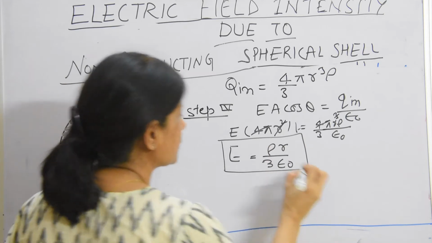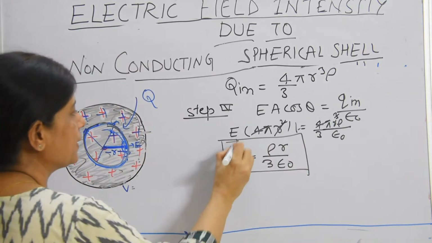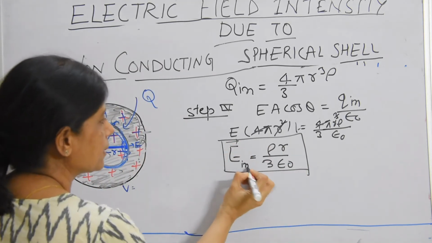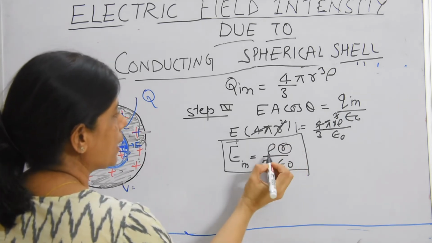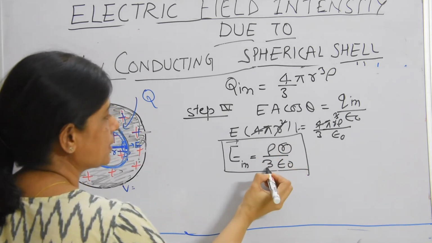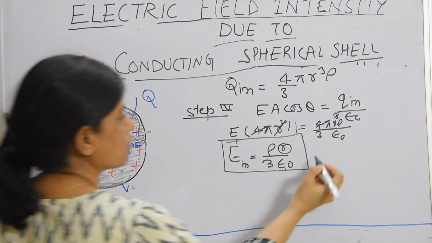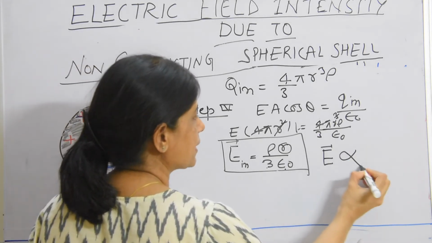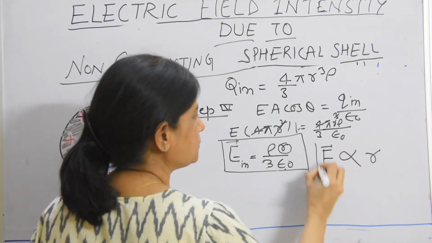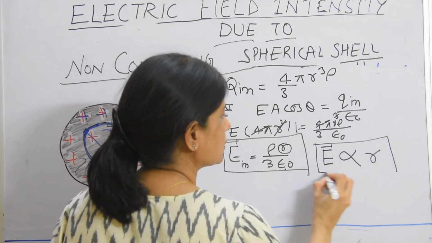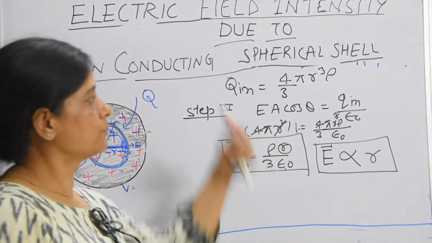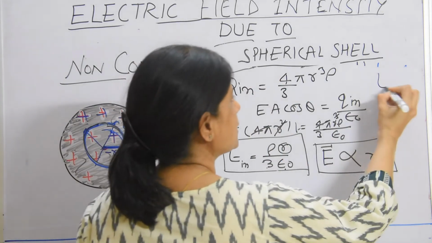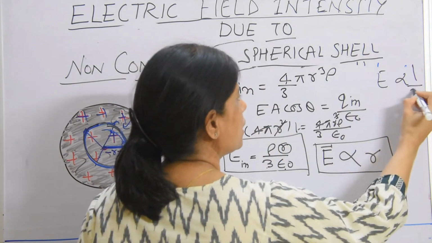Here the electric field intensity inside is directly proportional to r, since rho is constant, 3 is constant, and epsilon naught is constant. Till now we have seen that most of the time E is inversely proportional to r square.